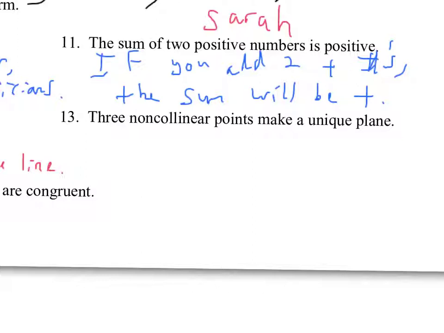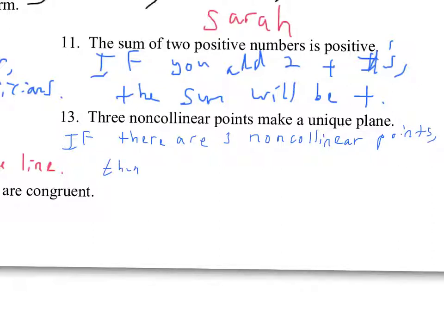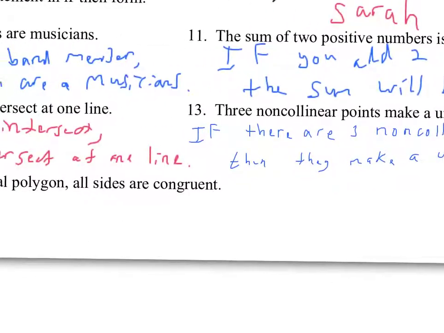So, if there are three non-collinear points, then they make a unique plane. What we mean by unique there is that if you have three non-collinear points, there's only one possible plane that could be made from those.